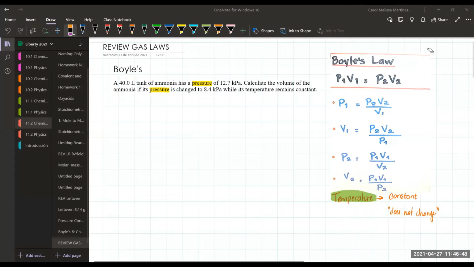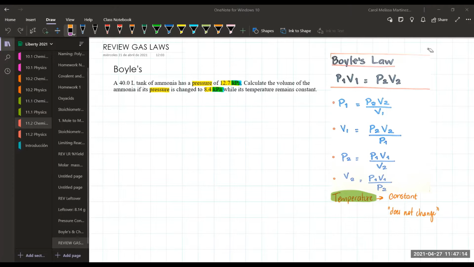What I was saying about the pressure is that all you need to do is check that you have the same units. For example, here, the two pressures that I'm giving to you are 12.7 kilopascals and 8.4 kilopascals. So we have the same units, kilopascal in both.